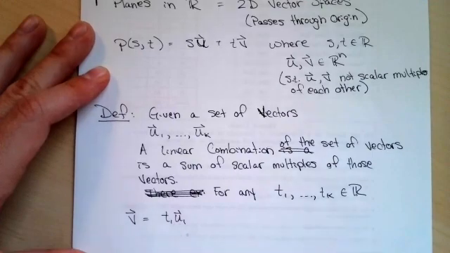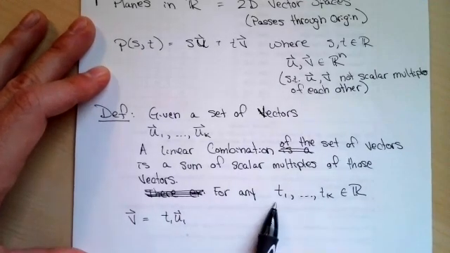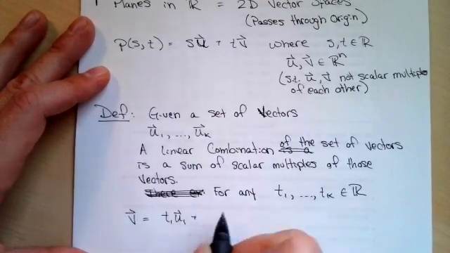I'm going to scale each of these U vectors by the scalar T with the corresponding index, and then we're just going to add them all together.